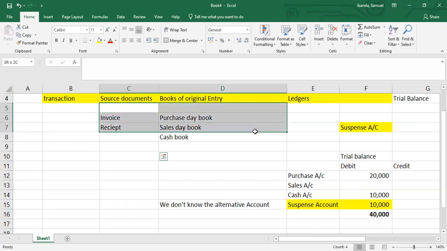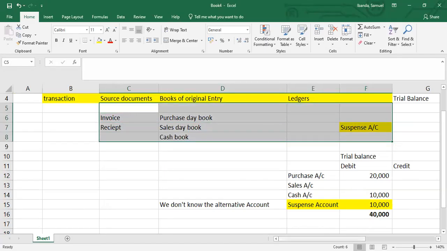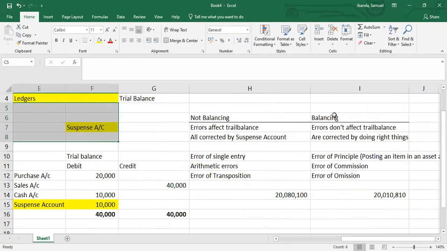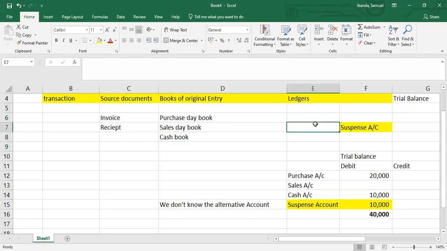Now, the reason why this does not affect our trial balance, and why even if you commit such an error, your trial balance will balance, is because the debit and credit will not have any effect, okay? Remember, the trial balance really survives on what you have on the debit and what you have on the credit.